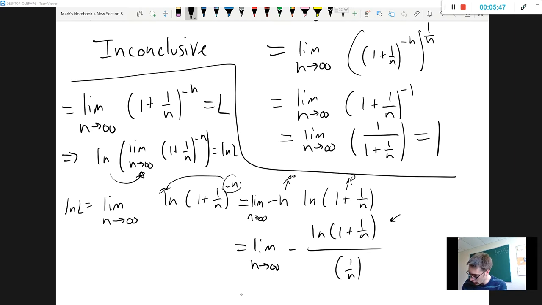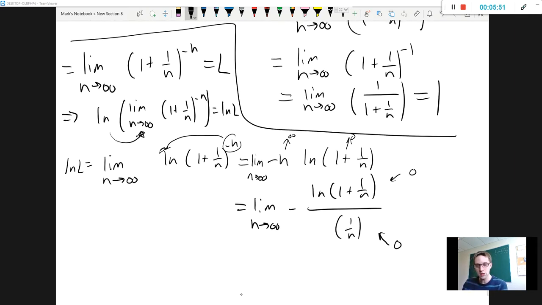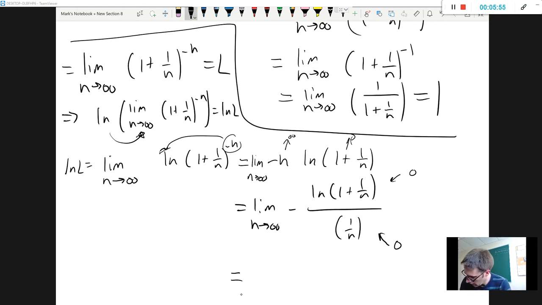Let's see, the numerator wants to approach 0. The denominator wants to approach 0. And so this is a situation where L'Hopital's rule could be used, in which case we'll take the derivative of the top, which would be negative. The derivative of a log is 1 over what's inside. But then we have to multiply by the derivative of what's inside.